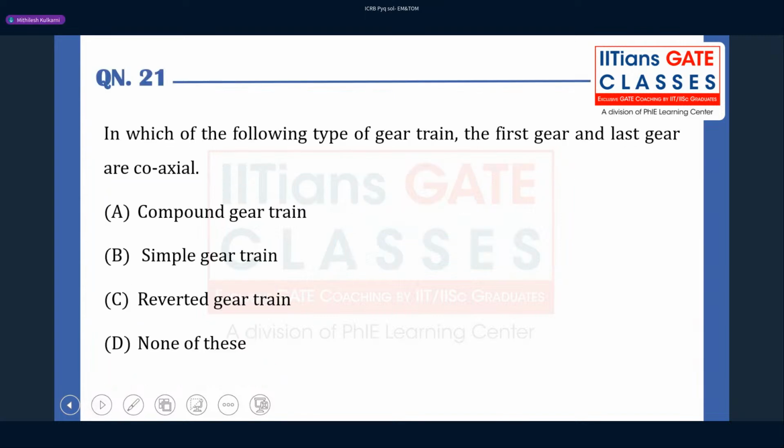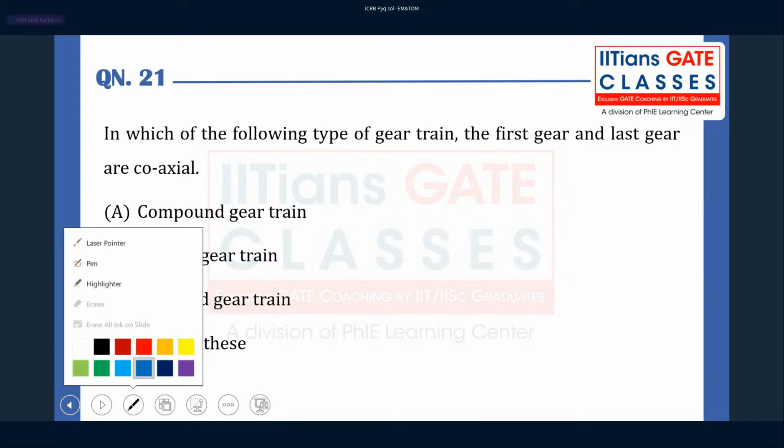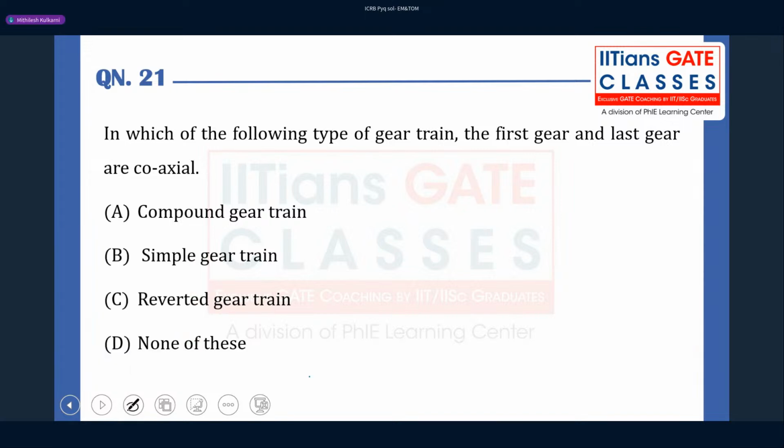Coming towards the next question: in which of the following types of gear train are the first and last gear coaxial? This question was also asked in GATE 2020. The correct option in this case is the reverted gear train. The reverted gear train is a compound gear train.